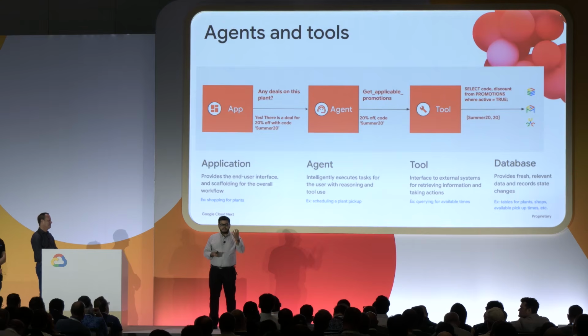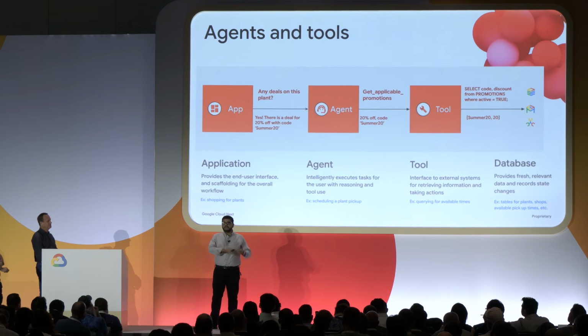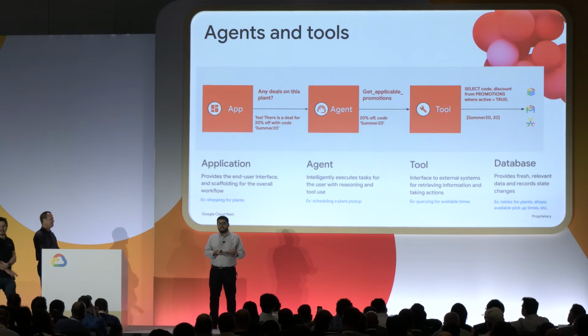function call where the user is asking, are there any deals on this plan? Then you want to empower the agent by giving it access to tools which an MCP server hosts, or skills that you have already added to your agent.